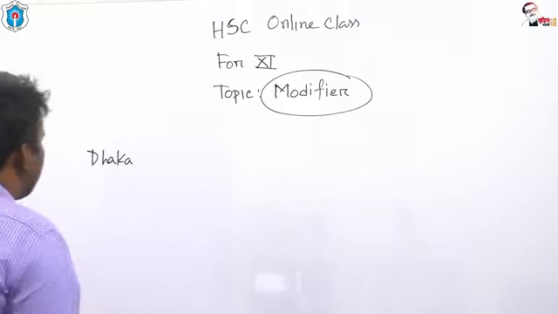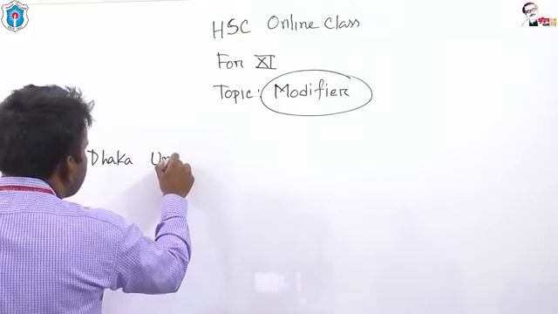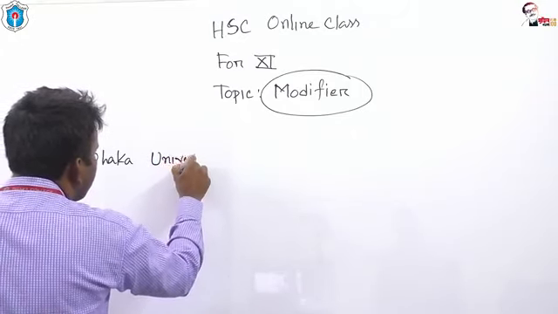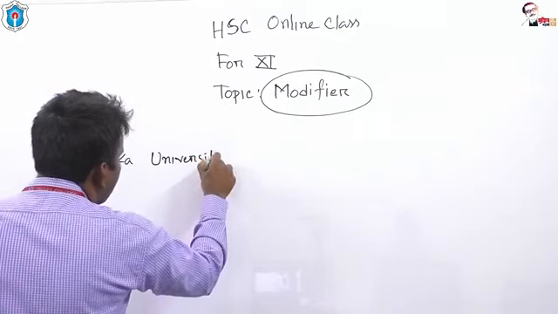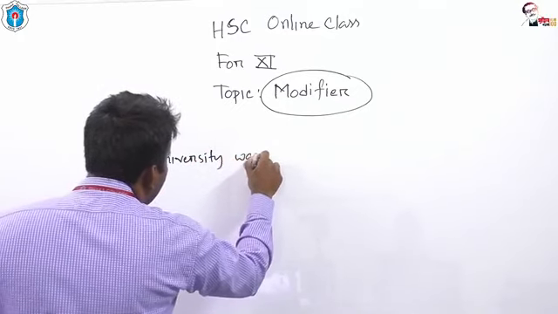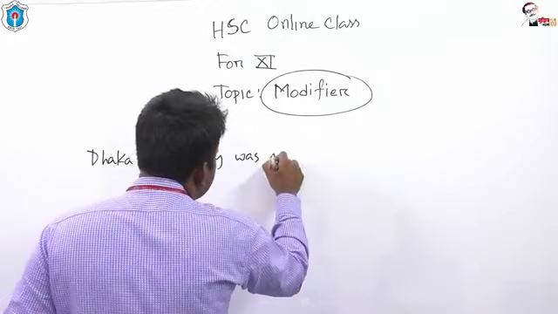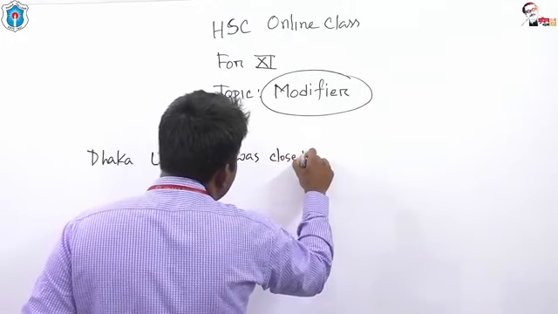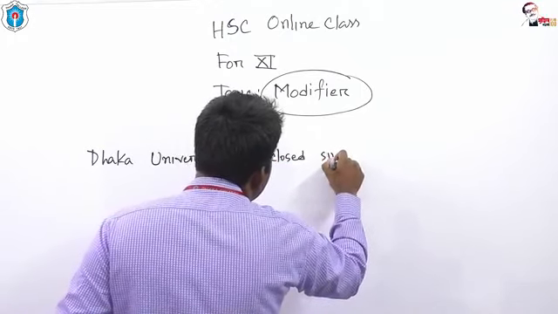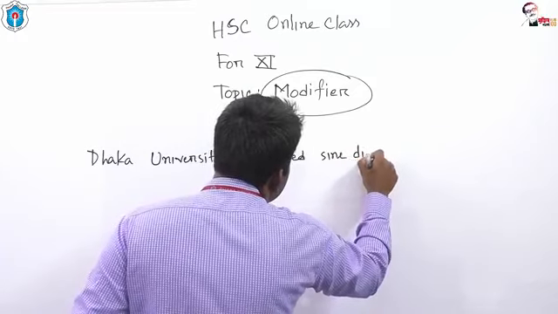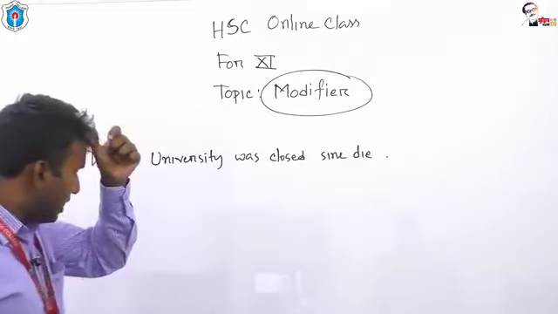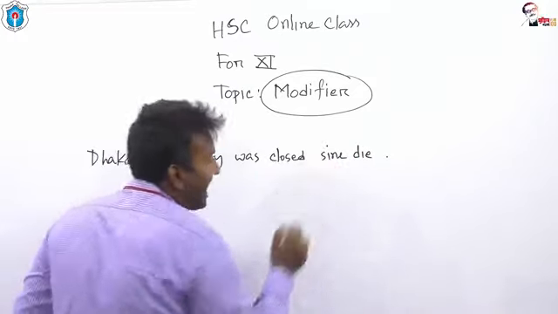Example number 1: Dhaka University was closed sine die.